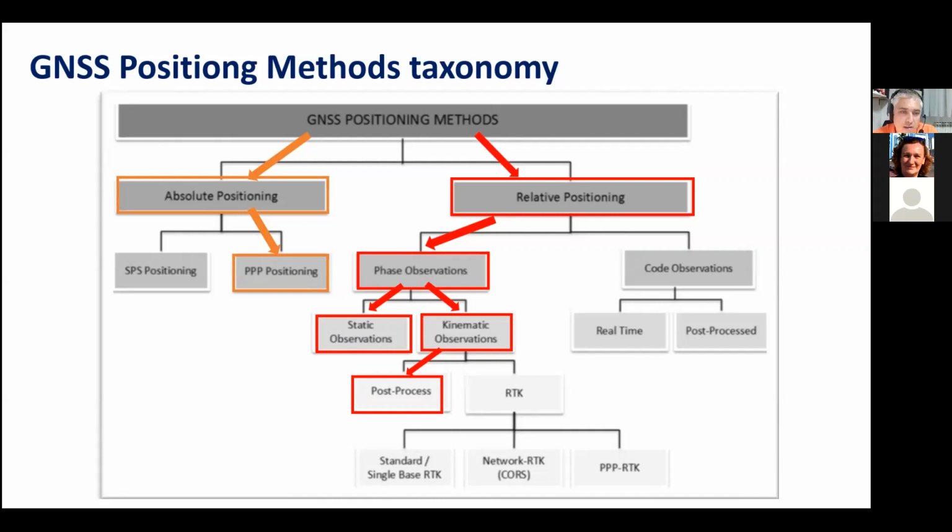So those methods marked in orange color and those marked in red color are feasible for the assessment of earthquake effects.